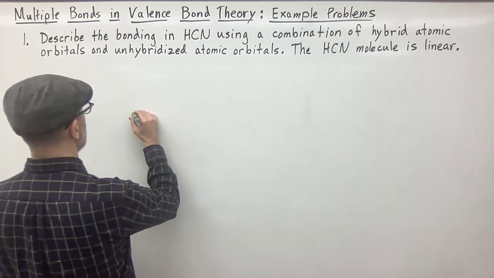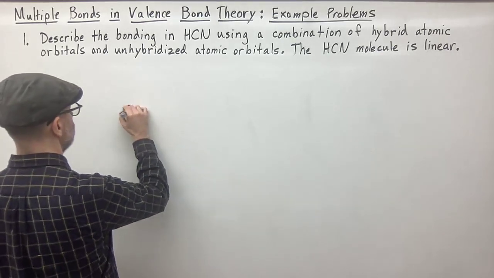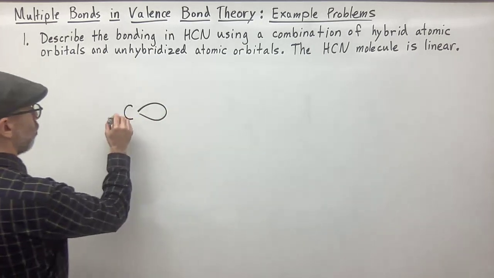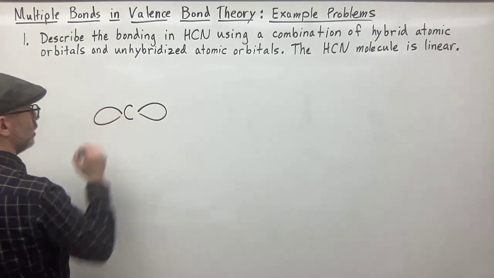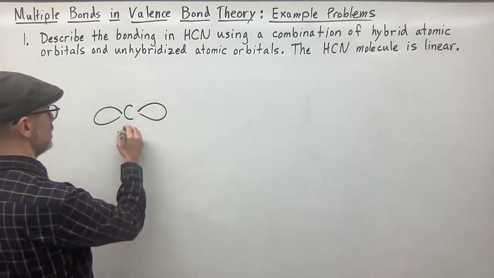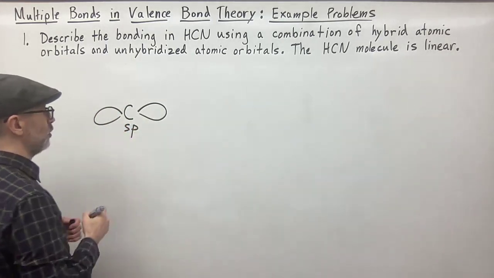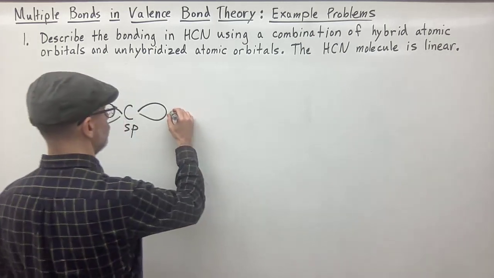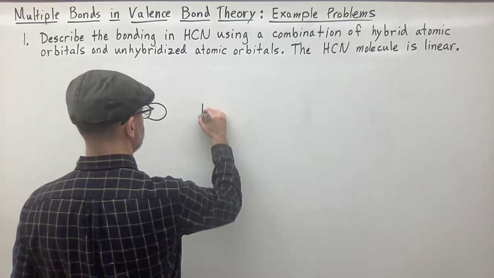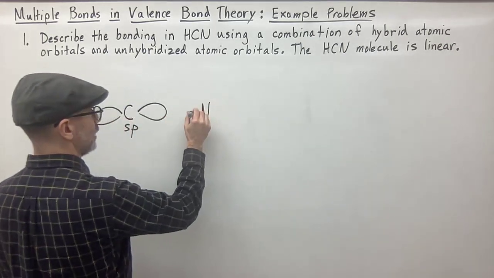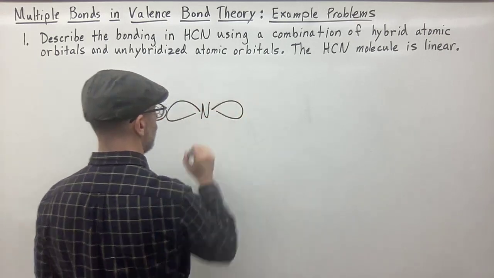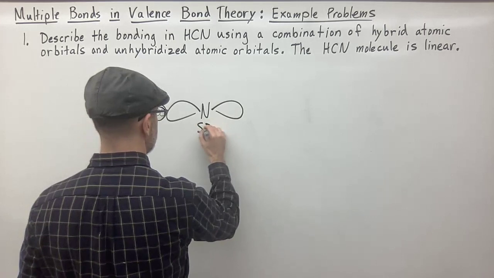So if we draw the carbon here, we have an orbital there, so these are sp hybrid orbitals. And then we're going to have the nitrogen, and the nitrogen is also going to be sp hybridized, so this is sp.